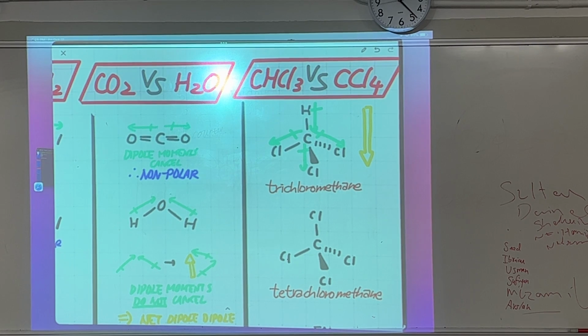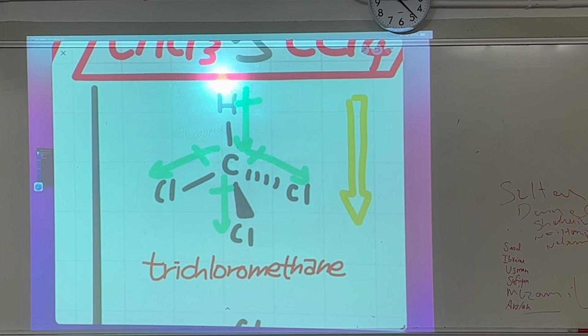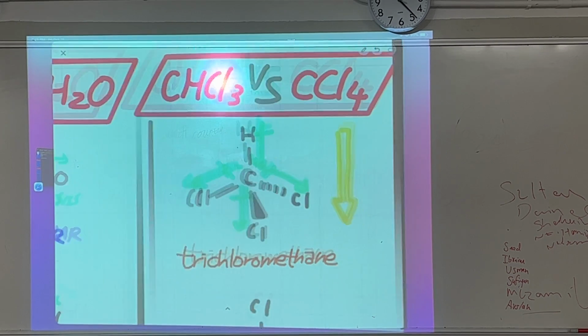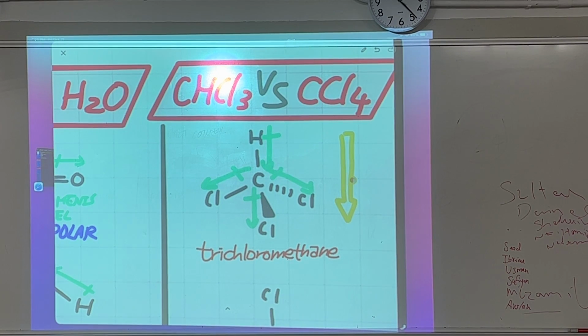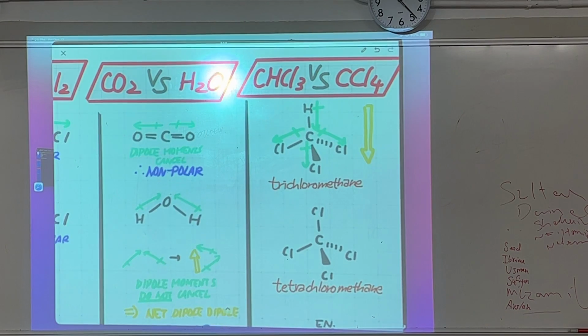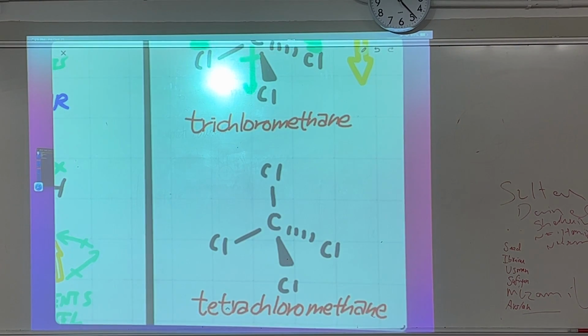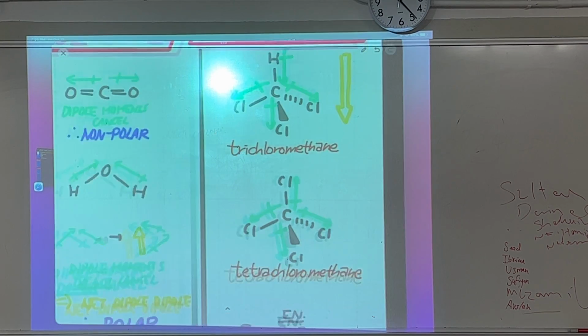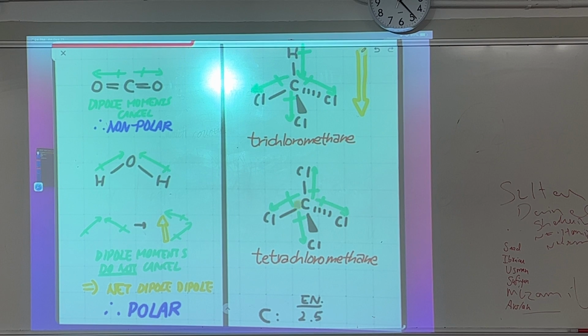You see these four dipoles in green, they all seem to add up to point downward, right? You don't have to calculate what the value is, just trust your instinct. They all add up to point down. What about here? What happens if you have four dipoles, each pointing towards a corner of the tetrahedron? Do they cancel out or do they not? Cancel out. They cancel out.